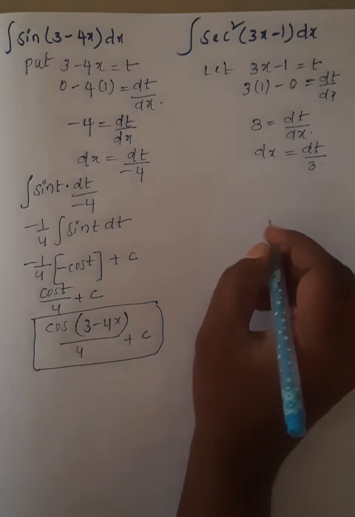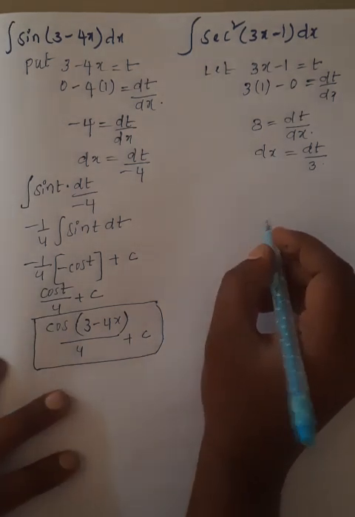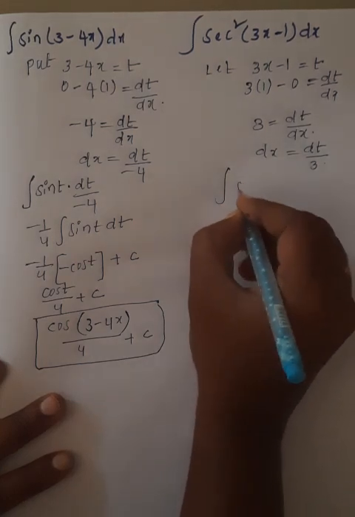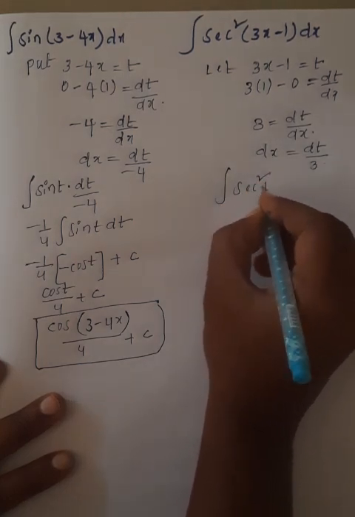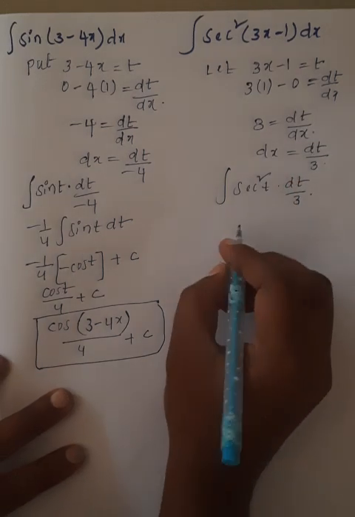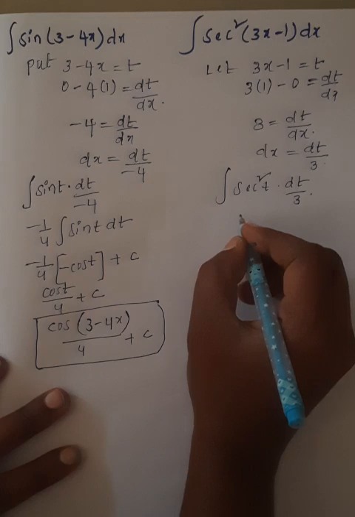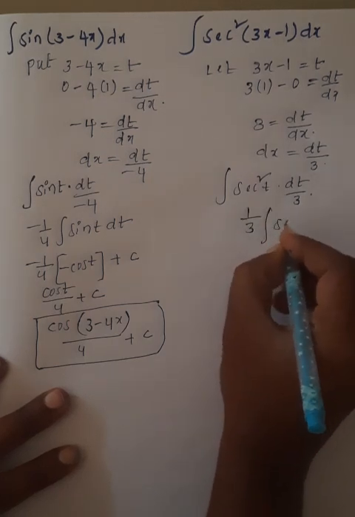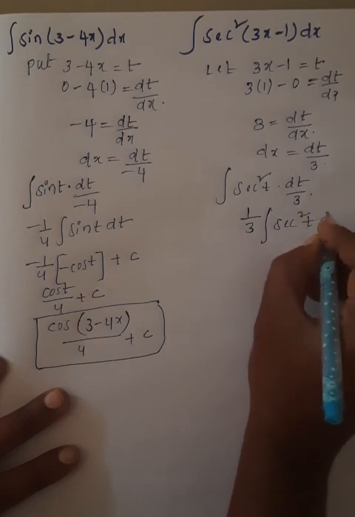By cross multiplying you will get dx equal to dt by 3. Then after we have to substitute in our equation integration of sec square t into dt by 3. So we have to write 1 by 3 outside. So 1 by 3 integration of sec square t dt.